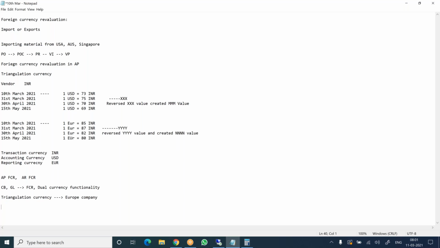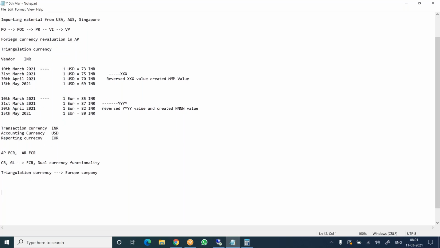Suppose my company is in Switzerland. Then accounting currency is euros, and reporting currency will be US dollars, as this is an international currency.